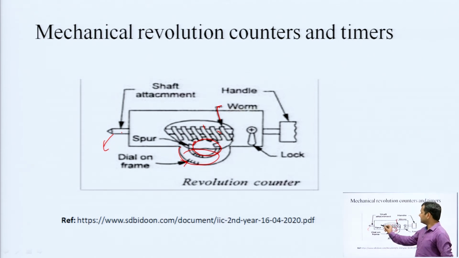So, the speed of this shaft, or the rotation of this shaft, is proportional to the reading on the dial.